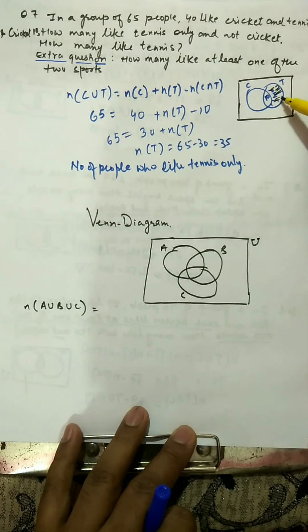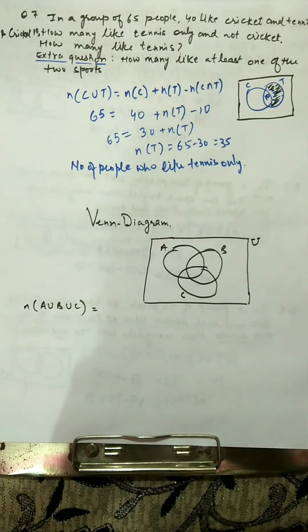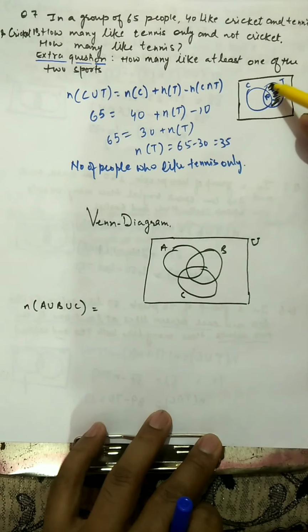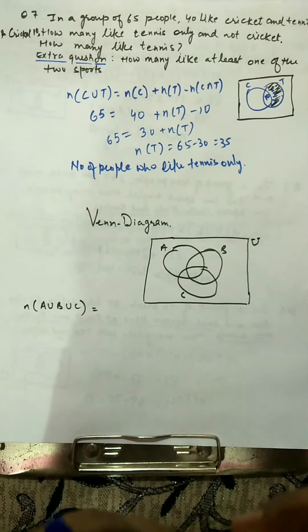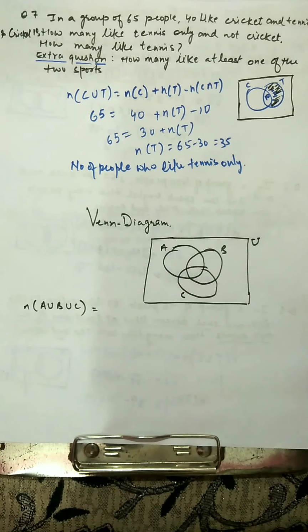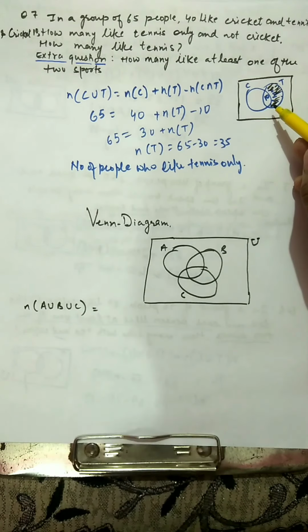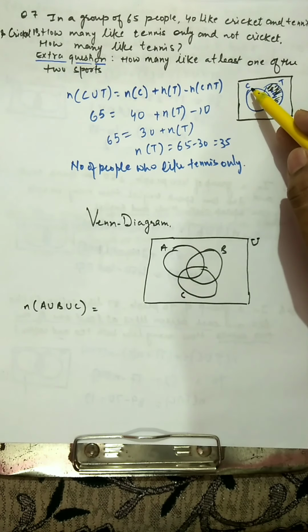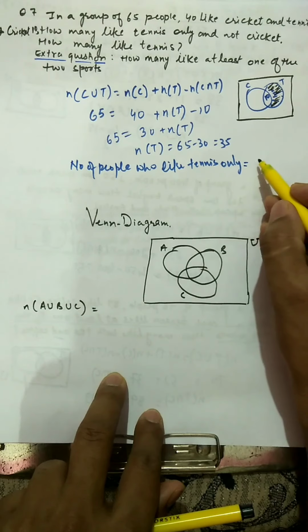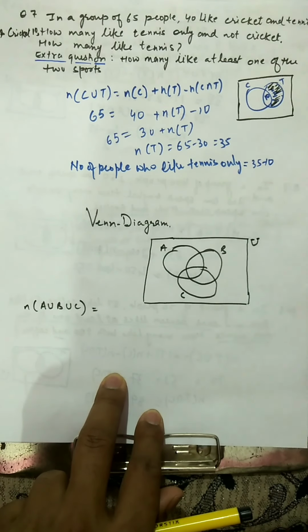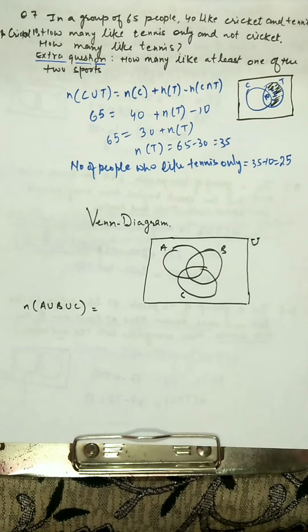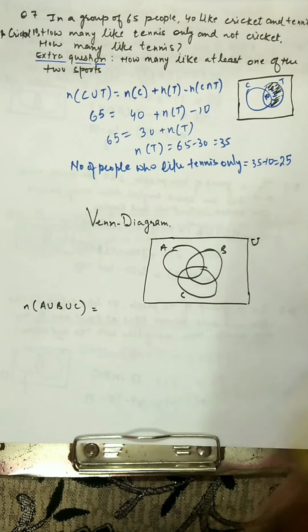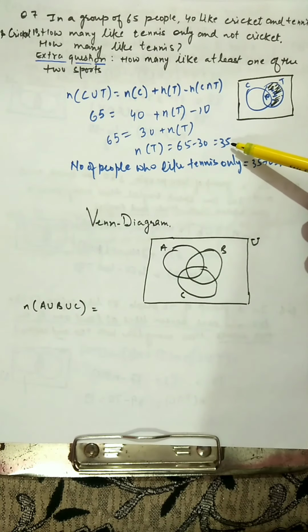If you take this complete circle which is representing T and subtract this 10, you will get the number of people who like tennis only, because these 10 people also like cricket. So you will get the answer when you subtract 35 minus 10. So your answer is 25. So 25 people like tennis only. And they are asking how many people like tennis: the number of people who like tennis is 35.